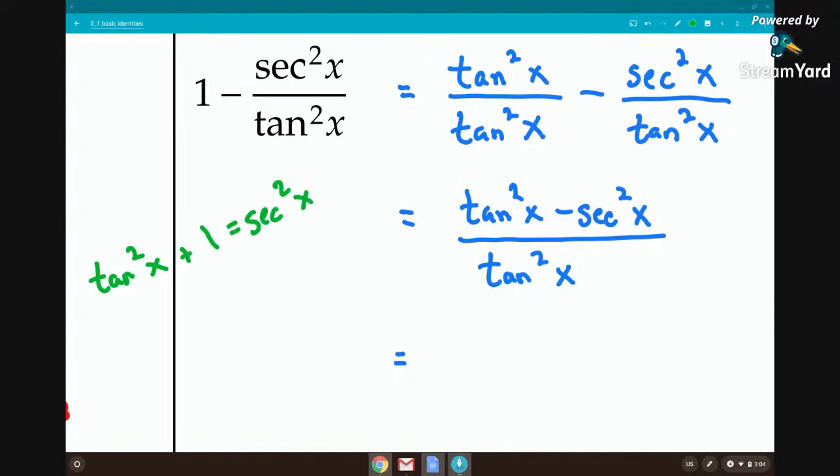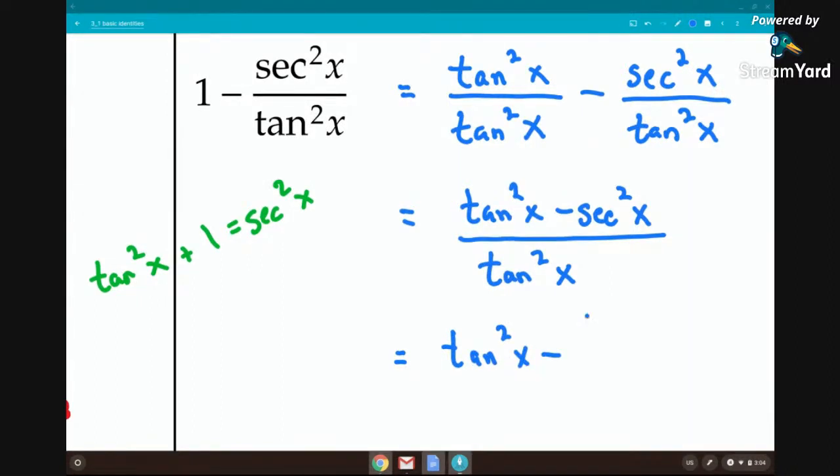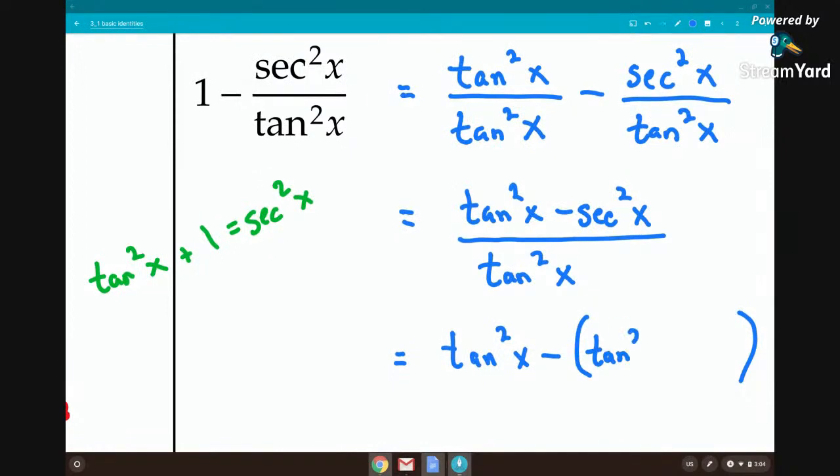So I'm going to make the substitution that secant squared is exactly tangent squared x plus 1.